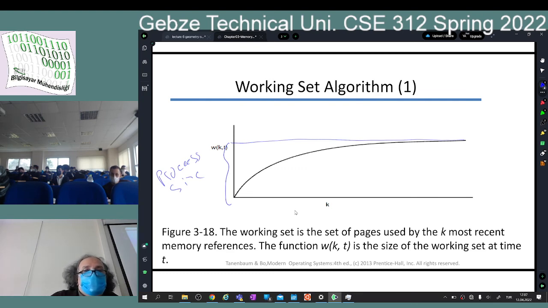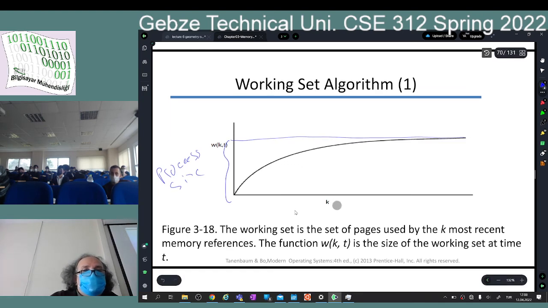And if you keep this k large enough, it will approximate the process size. So the thing is that for certain numbers of k, this is what I am interested in.